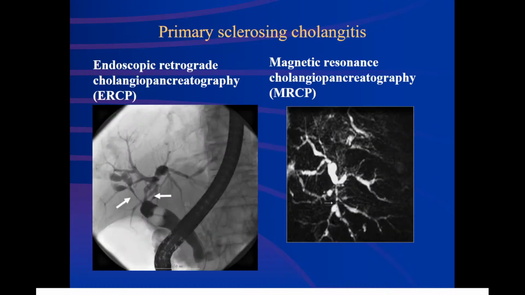And for more rare disease, imaging methods may be used for diagnosis of primary sclerosing cholangitis. ERCP may be used, for example, endoscopic retrograde cholangiopancreatography. But this method is cheaper, invasive and not comfortable for the patient.